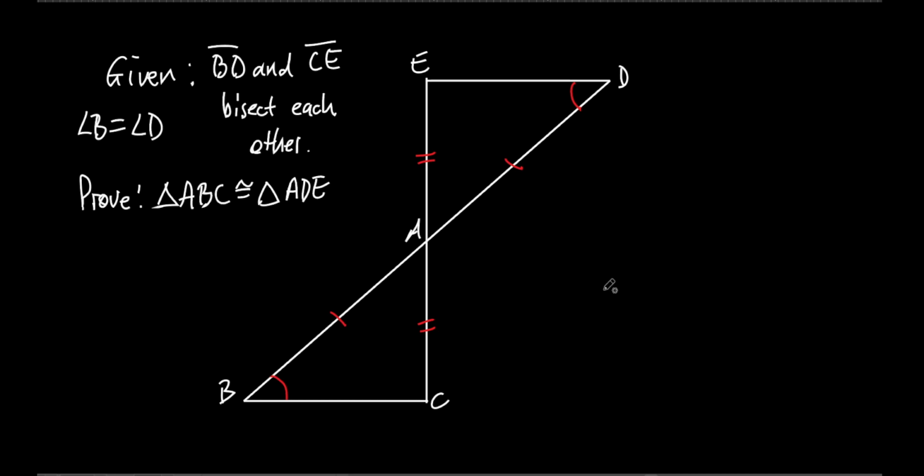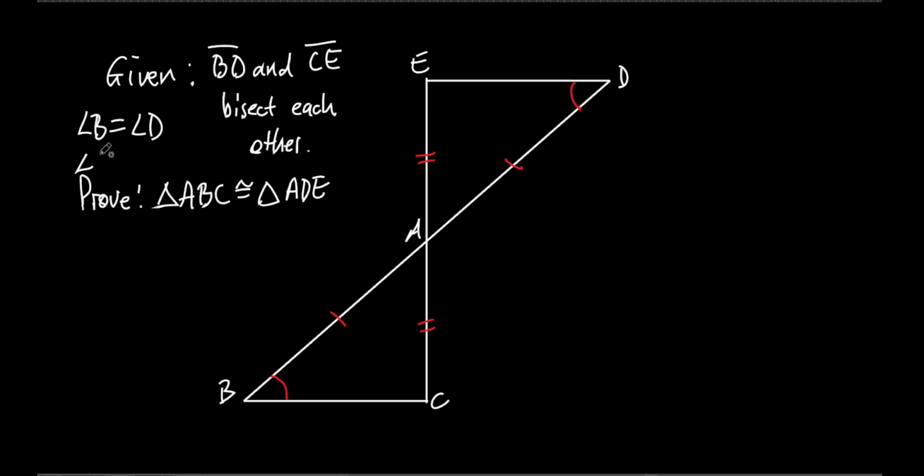Let me look at this a second. How do they say that ED... Oh, they do tell you that. See, they don't tell you all that stuff in the given. That's so weird. But in the proof, they tell you. So I was going to say, they didn't give you enough information. They tell you one more thing. Oh, my goodness. It's not my fault. At least, I don't think it is.